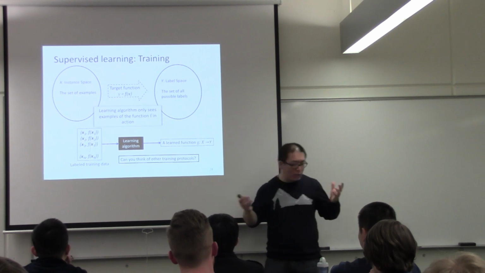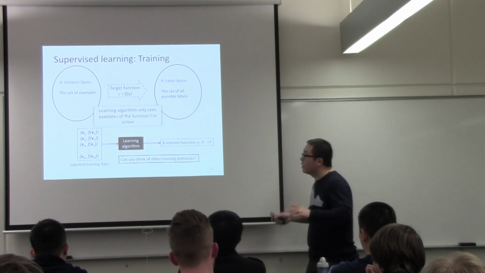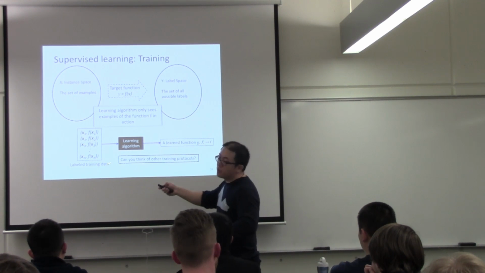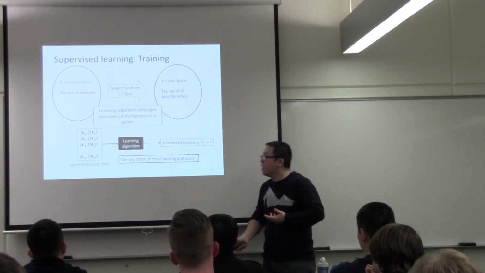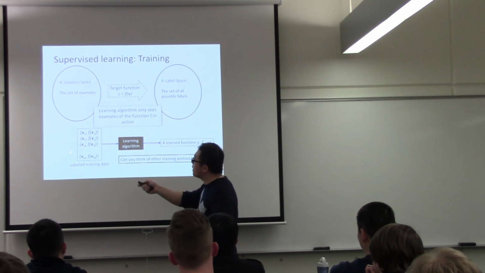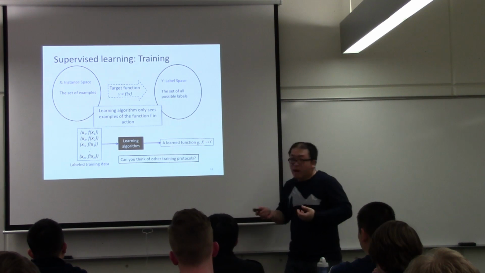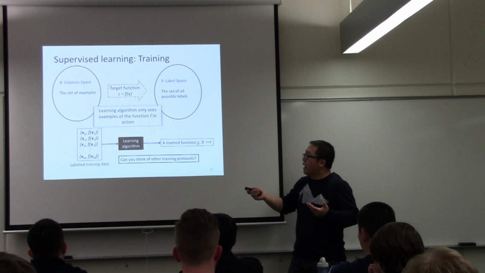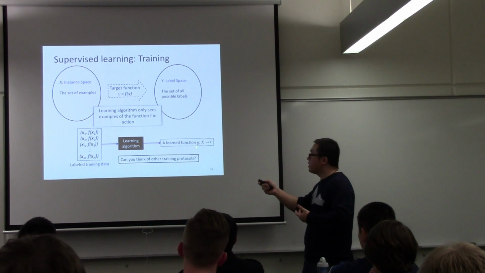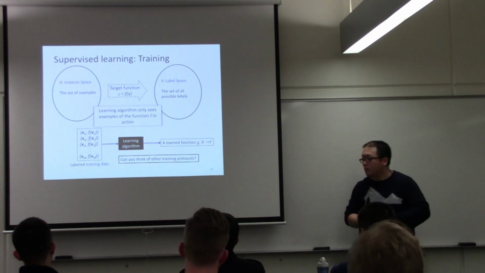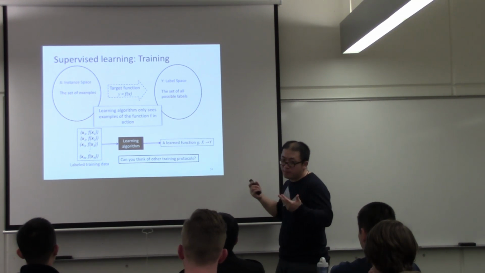But if we are talking about the general protocol for unsupervised learning, we can just remove those labels, right? Remove those ground truth function values. And we just feed the learning algorithm with a set of training instances. And we see whether our learning algorithm can still produce a function between the instance space and some label space. And in many cases, for unsupervised learning, we do not even define the label space.